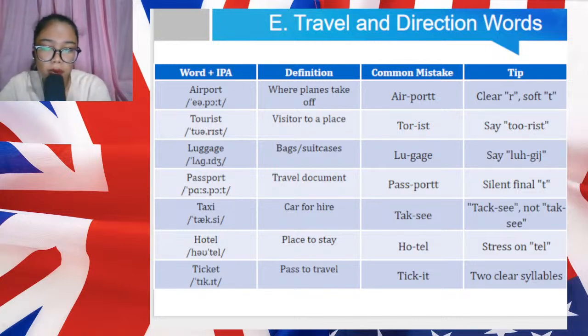Sometimes learners might try to pronounce it with three syllables, which is obviously not correct. They might say this word as luggage.